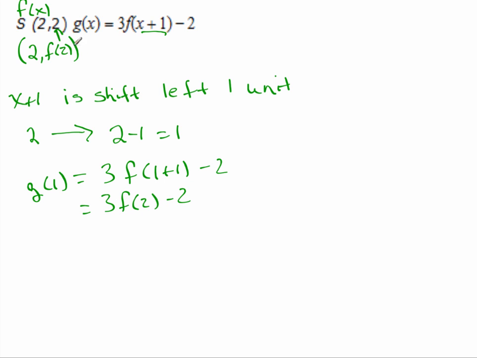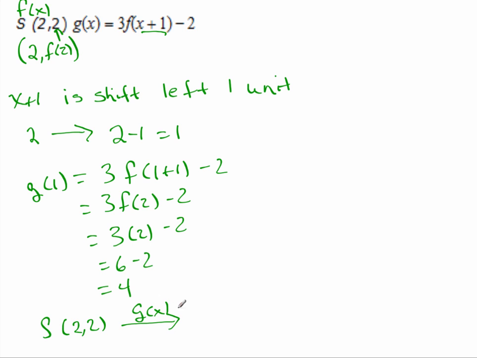Now f of 2 is, in this case, 2. 3 times 2 is 6. So the point s, which is 2, 2, under the transformation of g, becomes 1, 4.